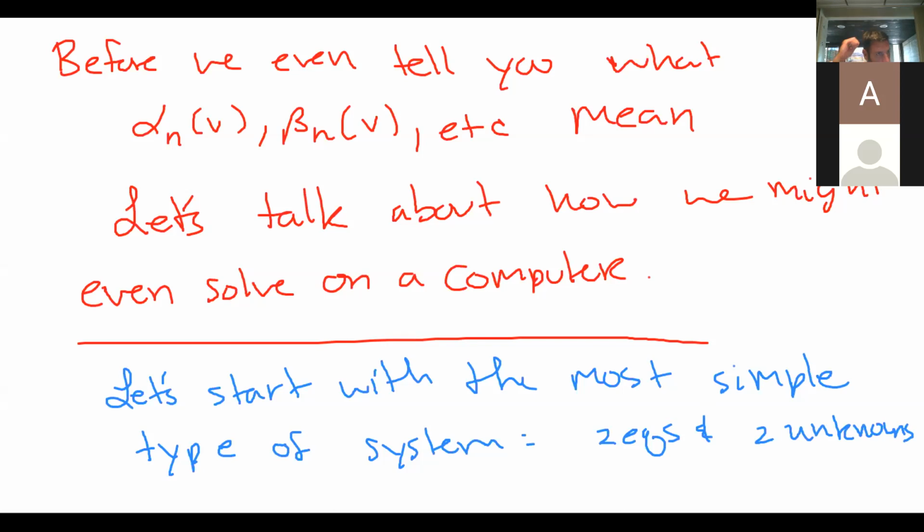Let's think about 2 equations and 2 unknowns. Let's write a very basic one that perhaps you can even guess the answer just looking at it.